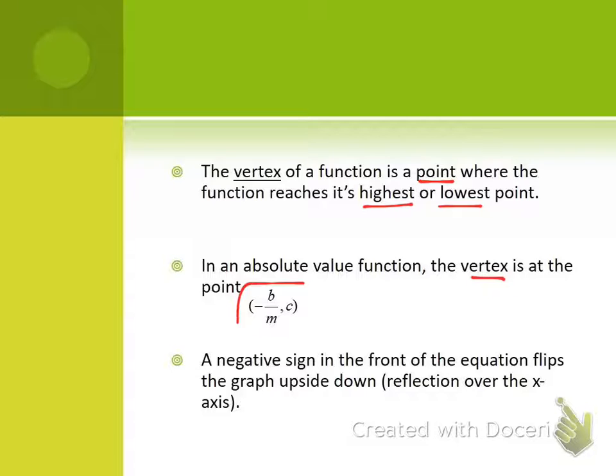So it's an ordered pair or a point. A negative sign in front of the equation flips the graph upside down, which means that it is a reflection over the x-axis.